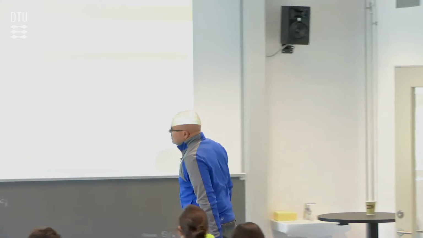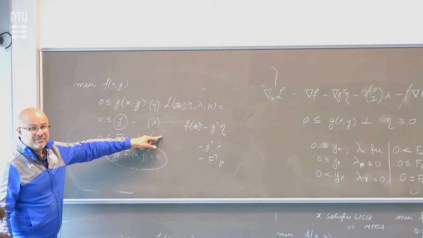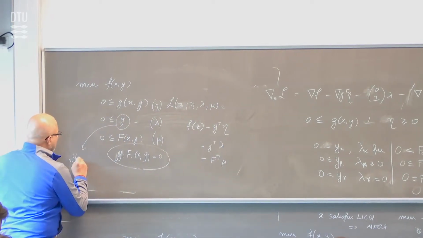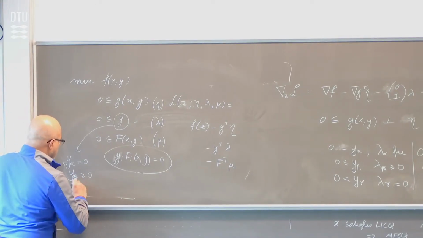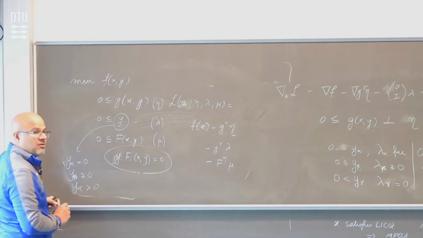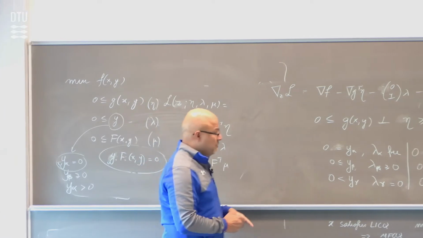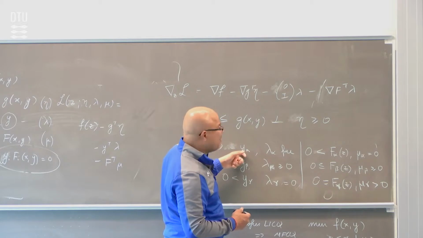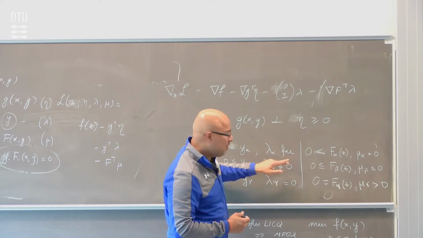So normally, if I were to take the KKT conditions of this, I would just take the gradient of this transpose lambda. But instead of writing the constraint like this, I've said y alpha is equal to 0, y beta is greater than or equal to 0, and y gamma is strictly greater than 0. Now when I write down the KKT conditions, this is going to show up in the gradient, and lambda alpha is free because this is treated as an equality constraint.